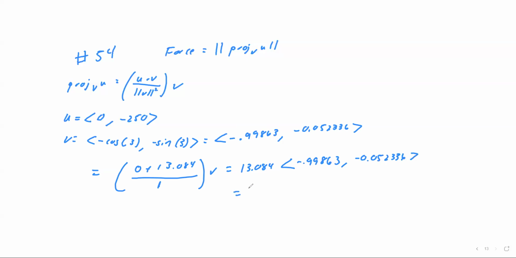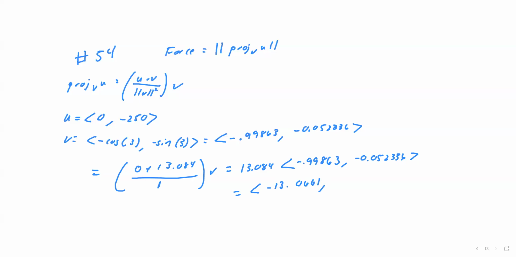Which will then give me, so let me go back to that answer, multiply that by 13.084, well, hold on, let me do that better. And that would give us negative 13.0661.